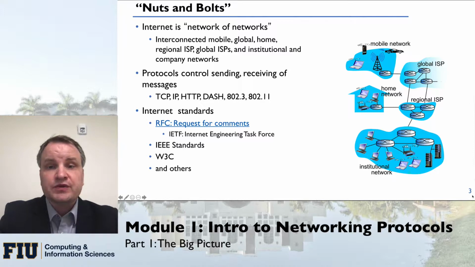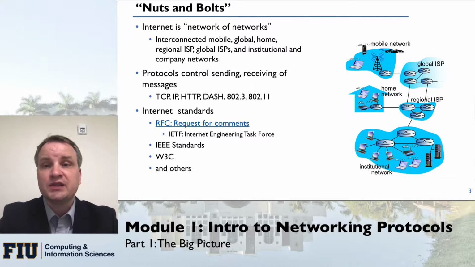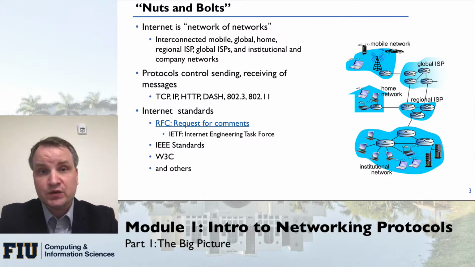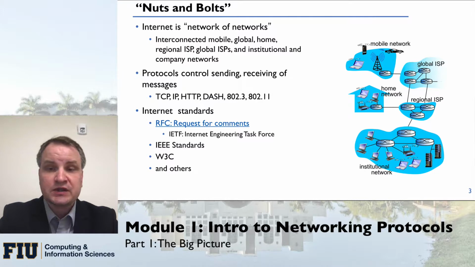So, talking about the overall structure of the network and the nuts and bolts of the network, you can think of the internet as not just a network connecting all devices, but rather a network of networks connecting the devices. And there can actually be multiple levels of those networks of networks.